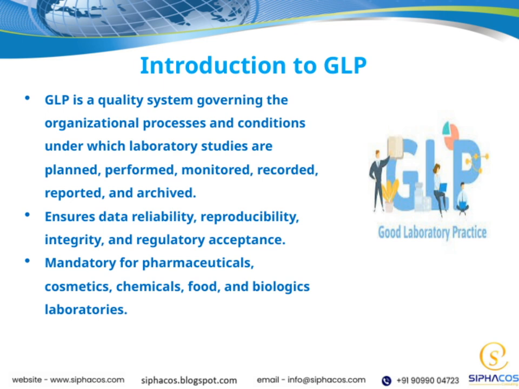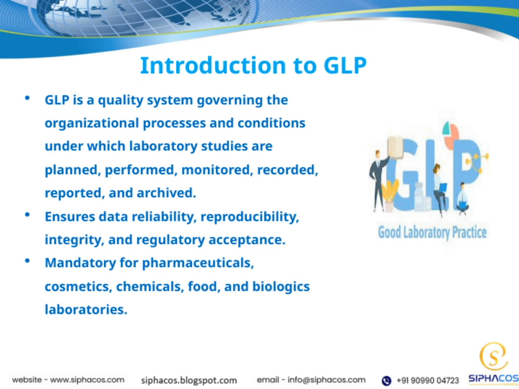Another key aspect is data integrity. GLP ensures that all data remains accurate, complete, and unaltered throughout the study process. This integrity is vital for regulatory acceptance, meaning authorities can confidently review and approve the data. It's important to note that GLP is mandatory for laboratories working with pharmaceuticals, cosmetics, chemicals, food, and biologics.